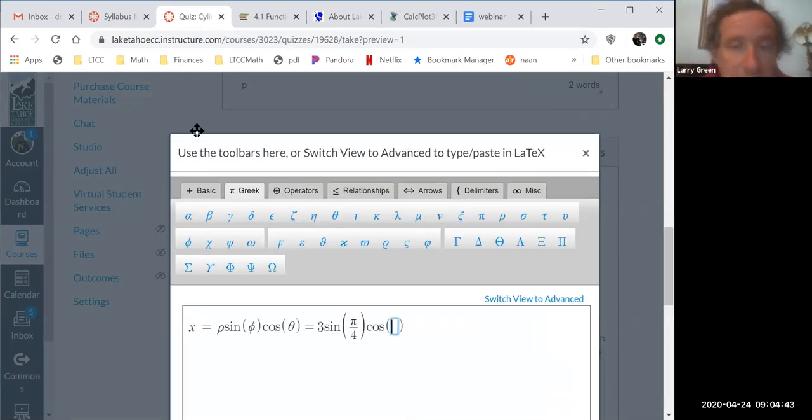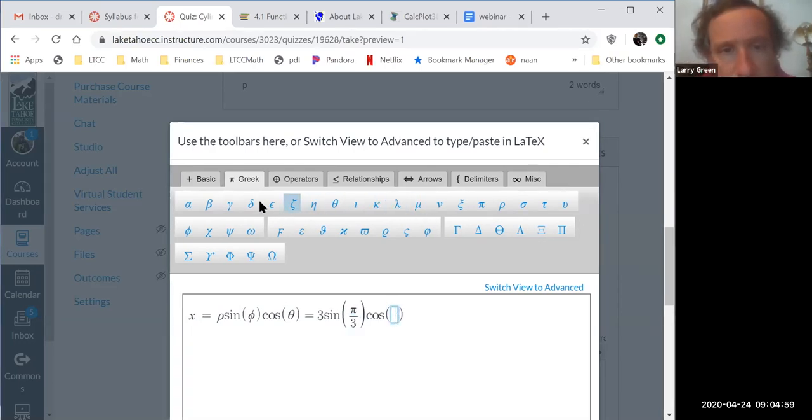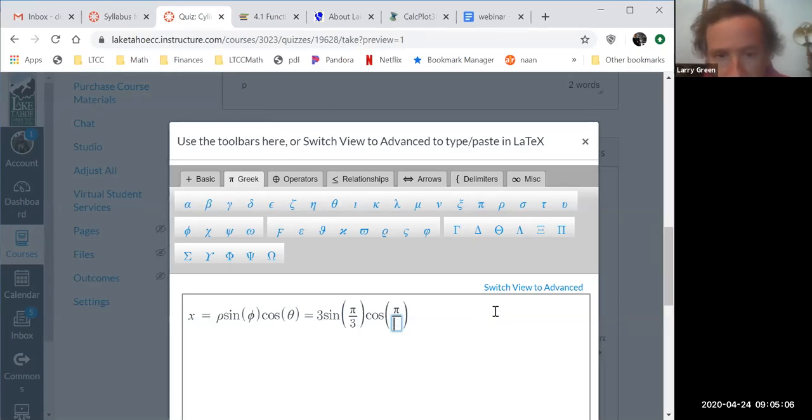Got it backwards. No, theta was first. So theta was pi over 4, and phi was pi over 3. That goes backwards. Okay, and then hopefully you remember, what is the sine of pi over 3?